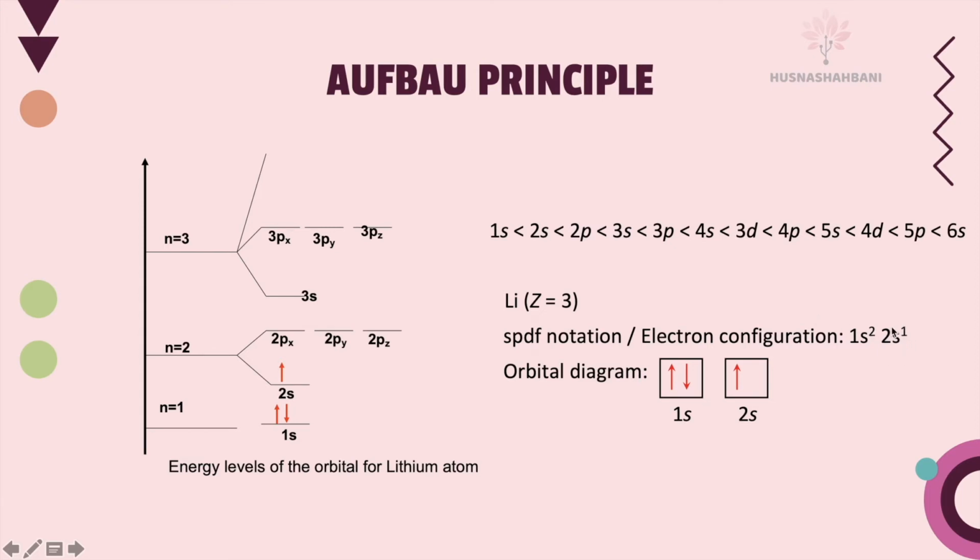You start filling the electron at the orbital which has lower energy first. And the orbital diagram, this is how you draw it. Orbital diagram, box, draw the box or the line is fine, and then state or name the orbital 1s, and then draw 2 arrows to indicate 2 electrons in this, and then 1 electron in 2s, so 1 arrow only.